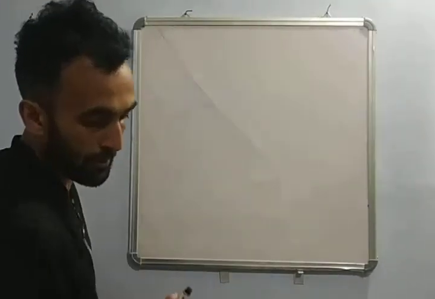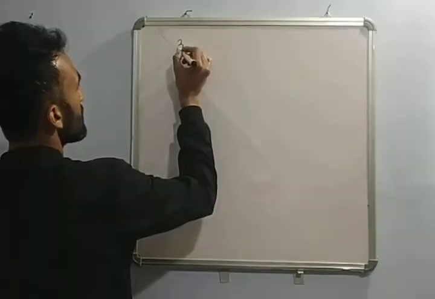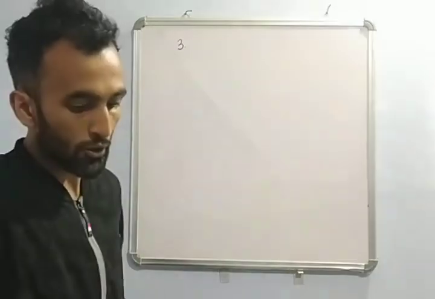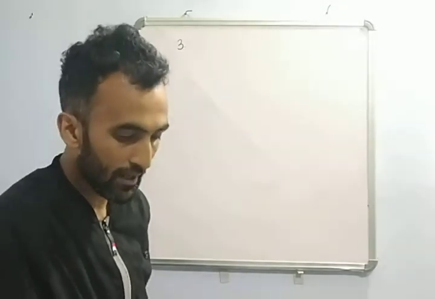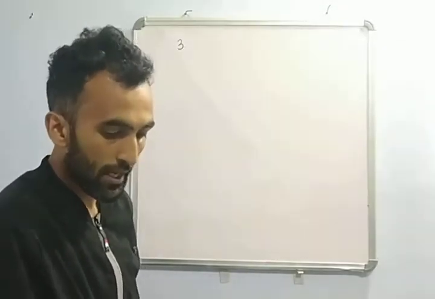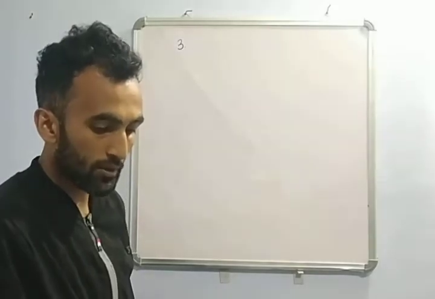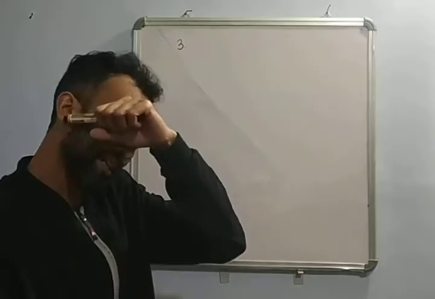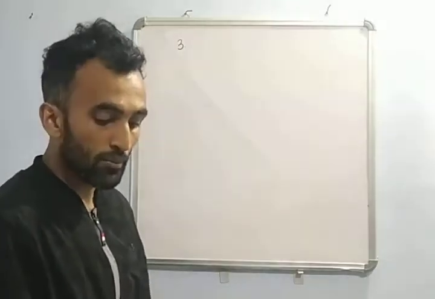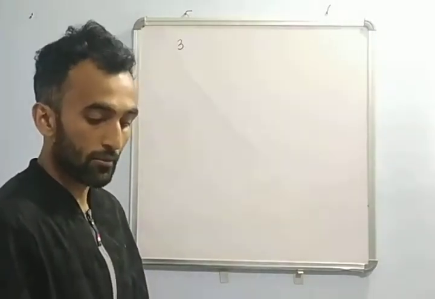Now question number 3. What is the question? Show that the following points are collinear. There are 3 points given to you and we have to show that those points are collinear. To show any points as collinear, prove that their area equals 0 by the area formula.